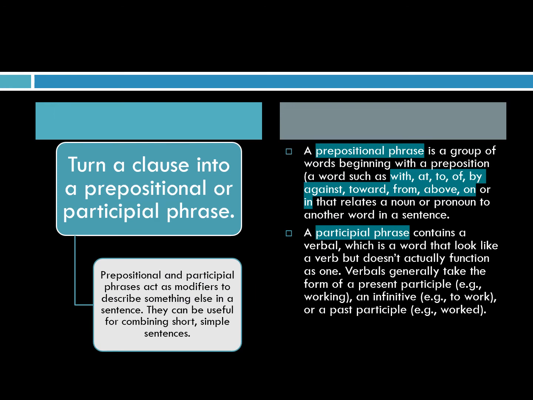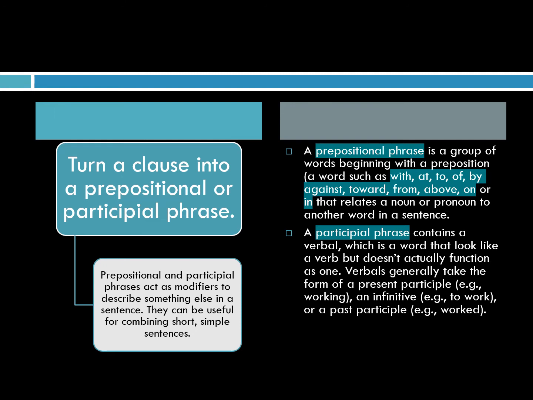So a prepositional phrase is a group of words beginning with a preposition. And I've highlighted them in this blue with at, to, of, by, against, toward, from, above, on, or in. They're normally words that have something to do with position, or time, like above, from, through, underneath.